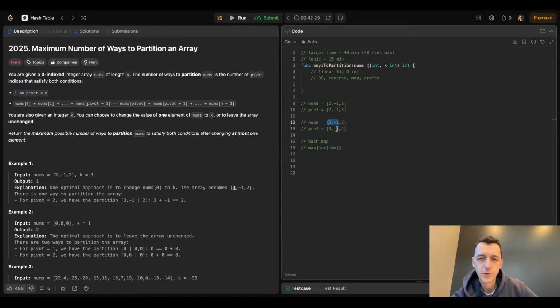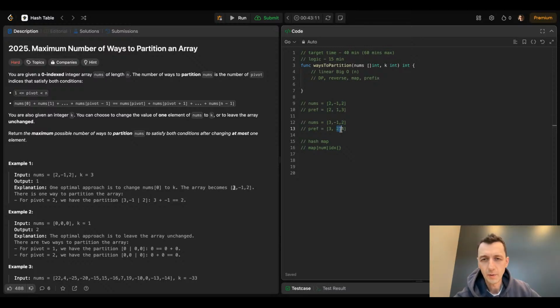And we know that it is the sum of all these to the left, including it.